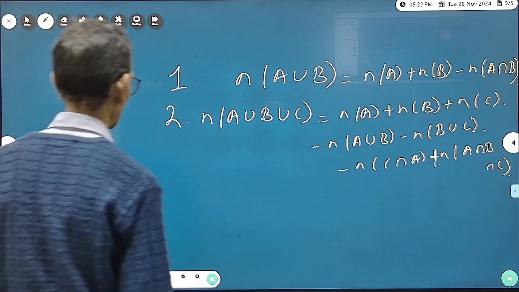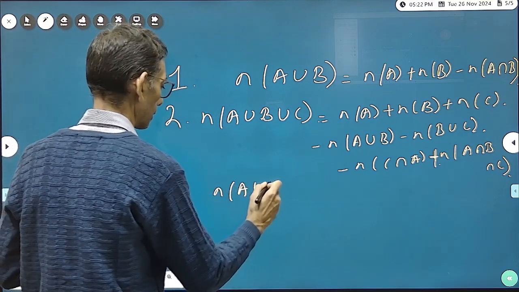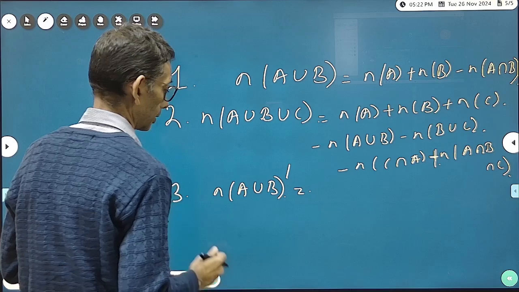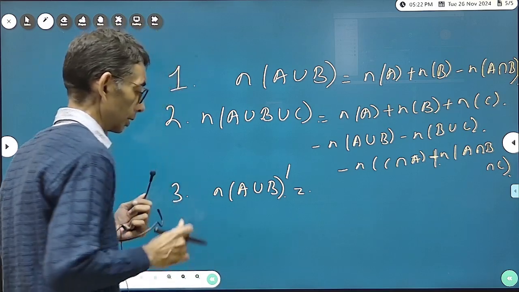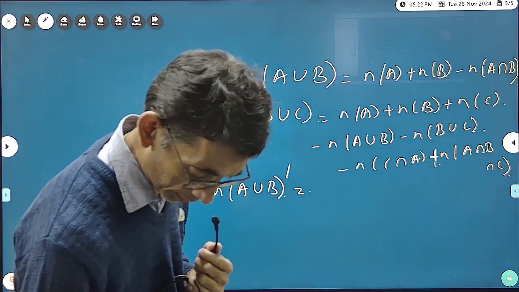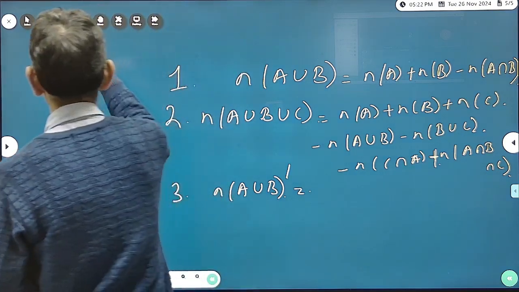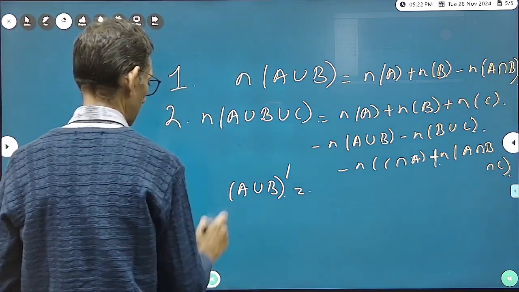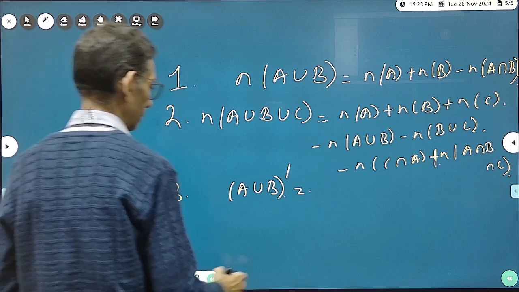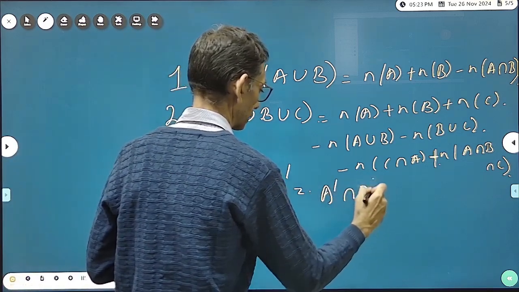Okay, now 3. Then we are going to write together De Morgan's law. A union B complement is A complement intersection B complement.